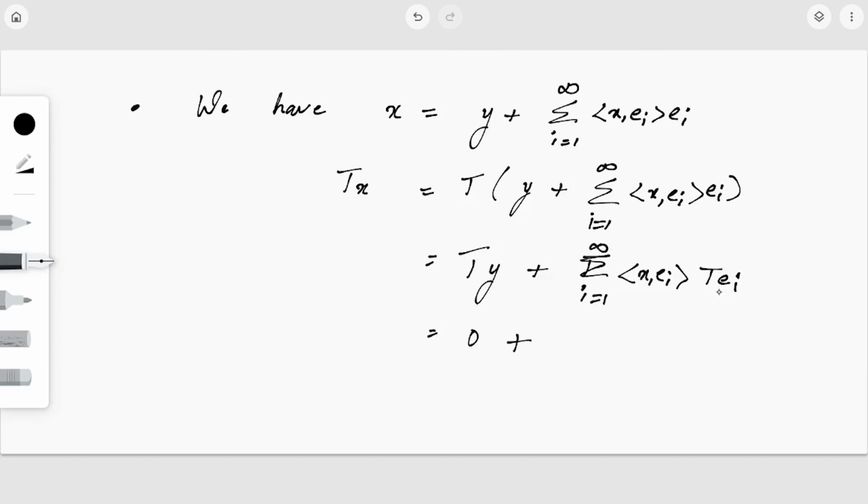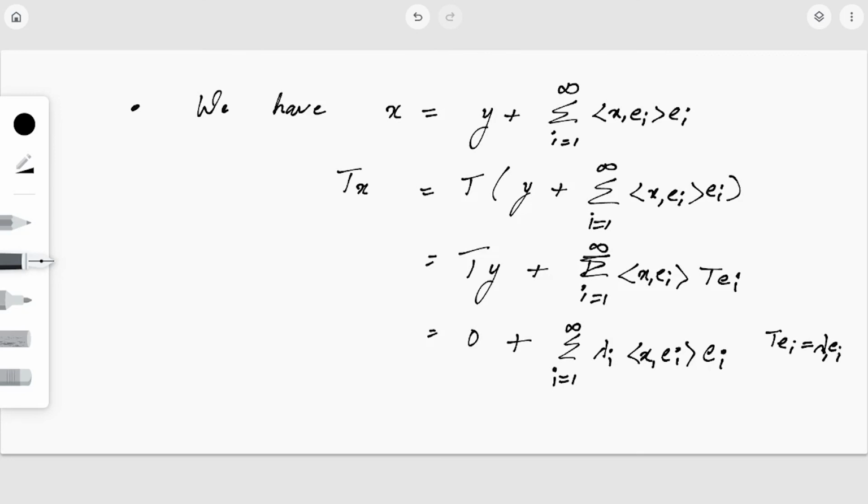T of ei is nothing but lambda i into ei. So this can be written as the summation i equal to 1 to infinity lambda i into inner product x ei into ei, because T of ei is equal to lambda i ei. It is the eigenvector. So I get T of x is equal to the summation i equal to 1 to infinity lambda i into inner product x ei ei.